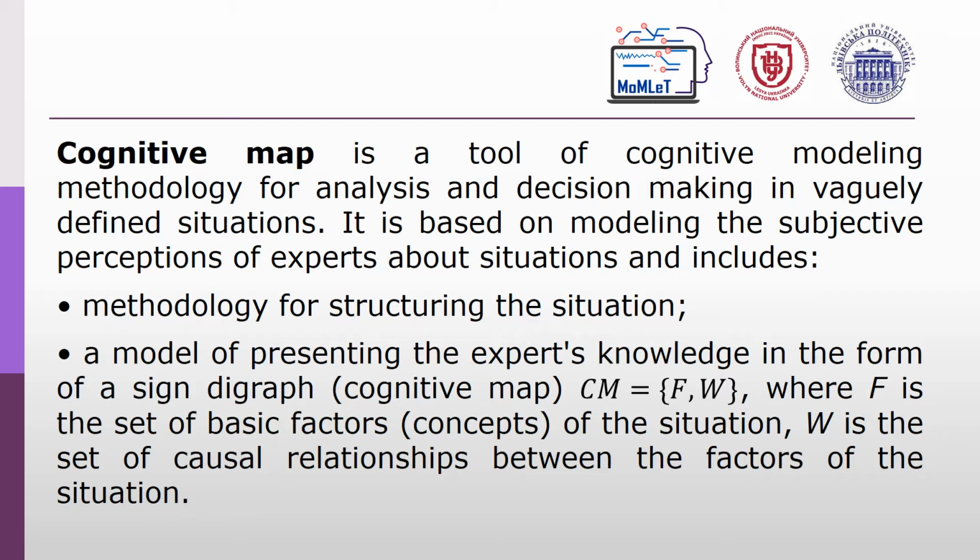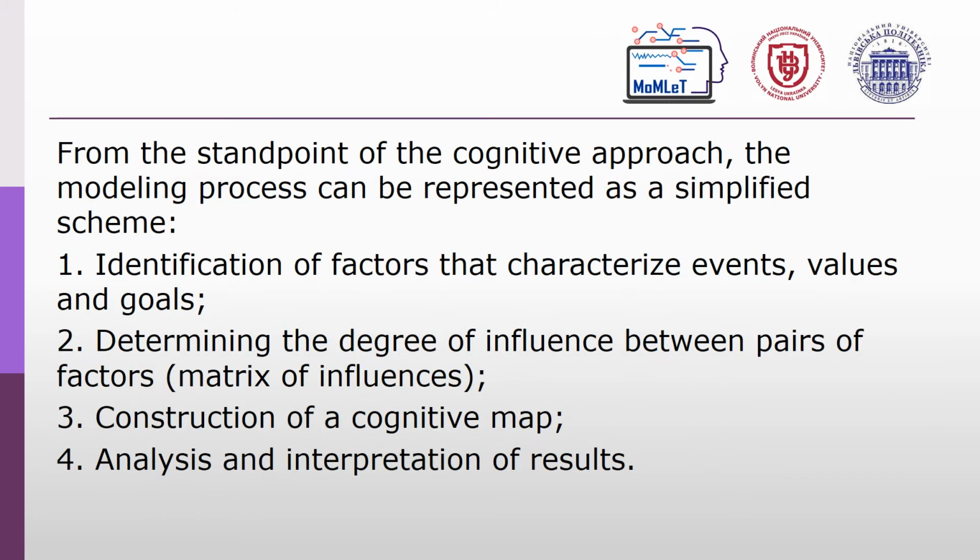CM is equal to F and V, where F is a set of basic factors, concepts of the situation, and V is a set of causal relationships between the factors of the situation. By constructing cognitive maps, one can begin research and modeling of complex, weakly structured systems to find alternatives for decision making.